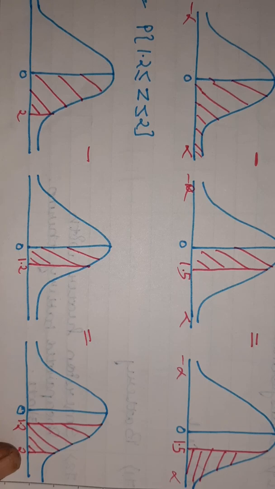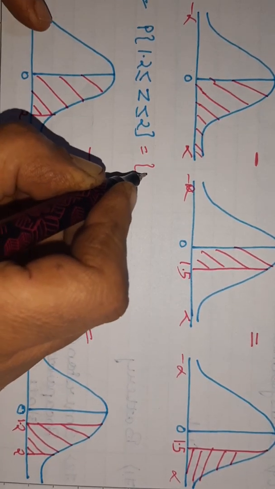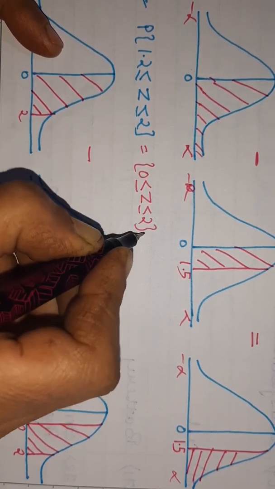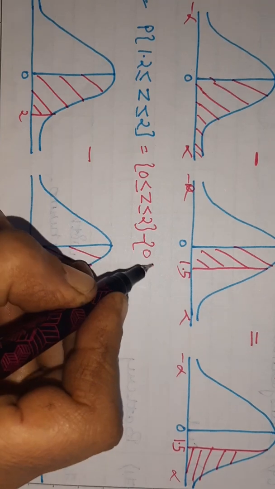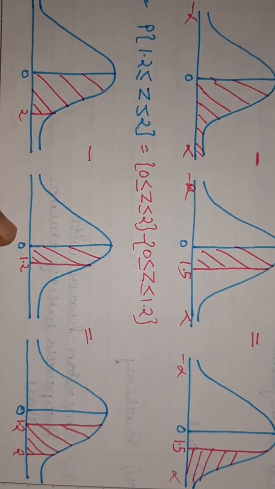So here we write: 0 less than or equal to z less than or equal to 2 minus 0 less than or equal to z less than or equal to 1.2.